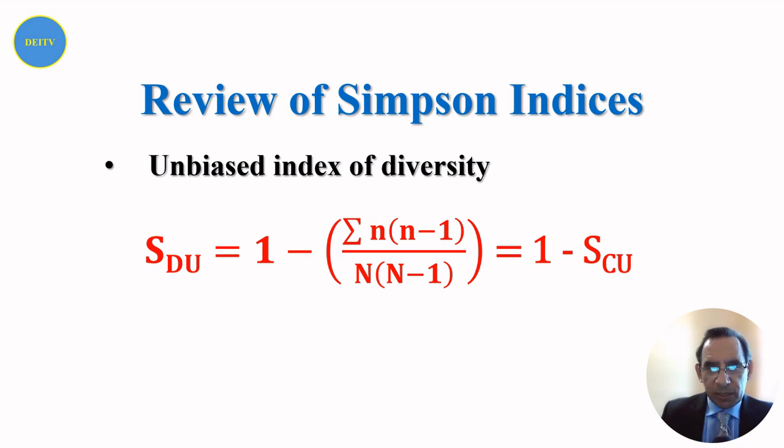Again, that's represented as 1 minus the sum of the frequencies times the frequencies minus 1, divided by the total number of individuals times the total number of individuals minus 1. That also can be written as 1 minus the unbiased Simpson concentration or similarity index.